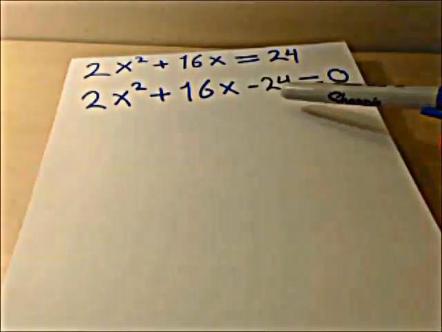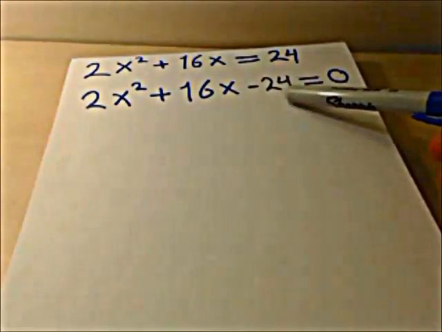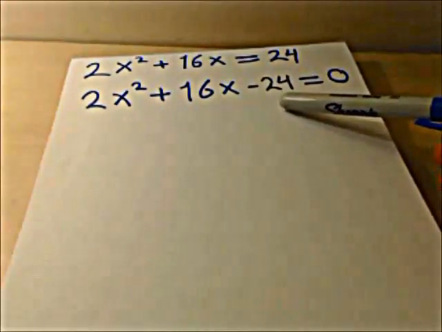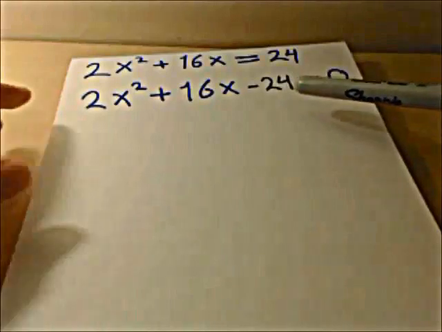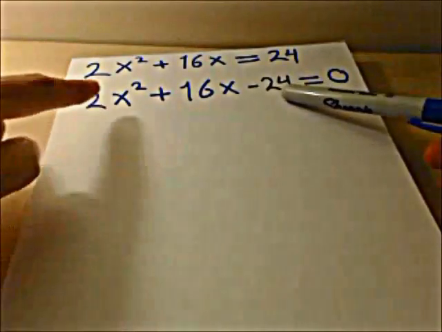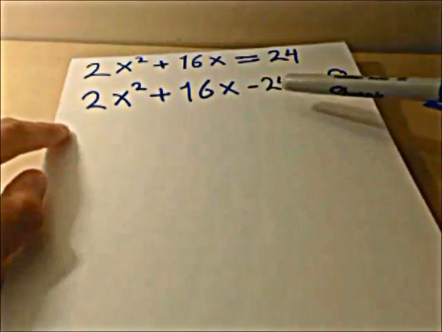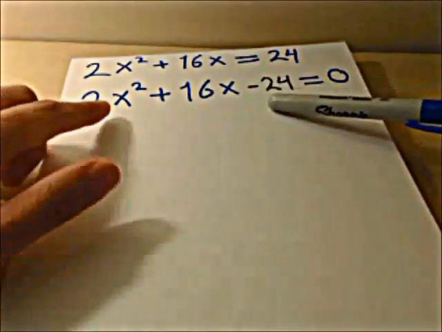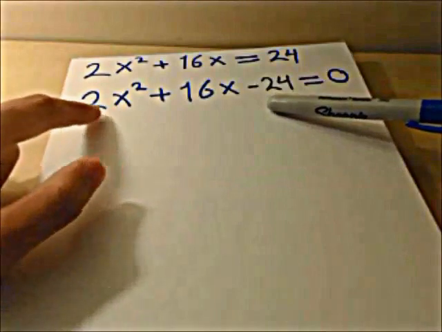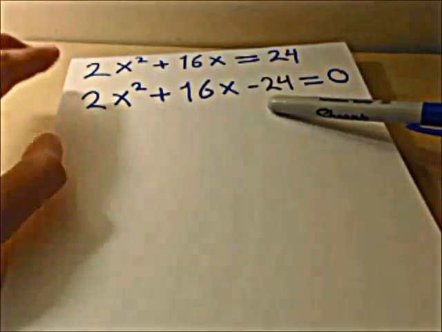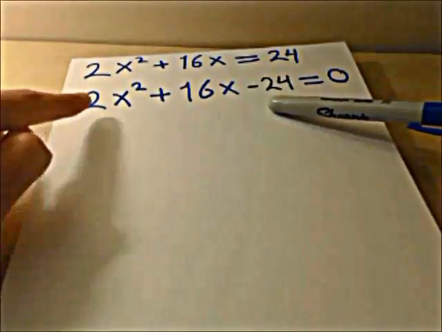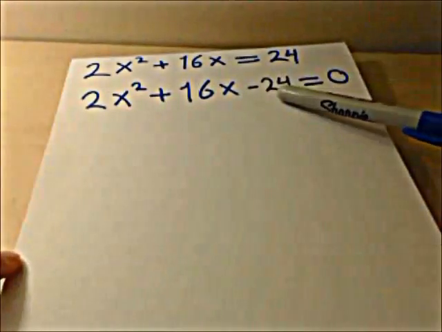Now always when solving a quadratic equation, trust me, this will make your life a lot easier. Try to find anything in common with these terms and try to factor it out, because here the coefficient of x squared is not actually 1. So we've got a 2, a 16 and 24.